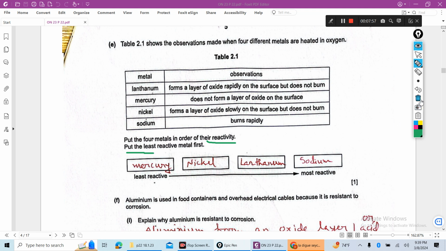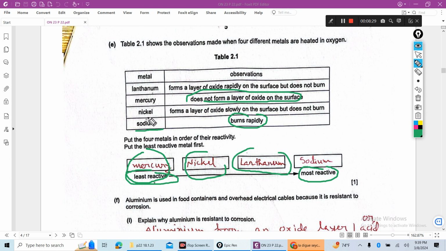So first least reactive, then most reactive. You see sodium burns rapidly, so sodium is the most reactive, and mercury does not form an oxide layer on the surface, so it is the least reactive. Now nickel and lanthanum: nickel is less reactive compared to lanthanum.